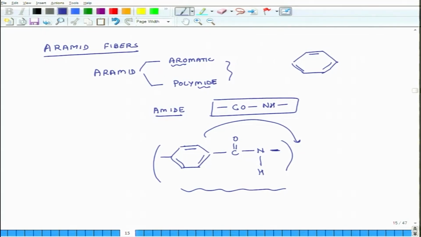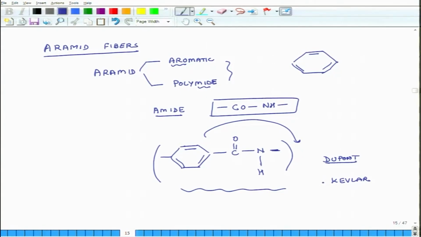Now, this is a scientific name, and the first time such type of fibers were developed by a company known as DuPont. It is a US based company, and they gave it a name called Kevlar fibers.